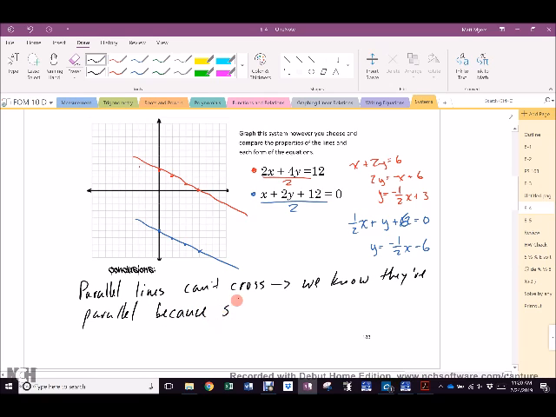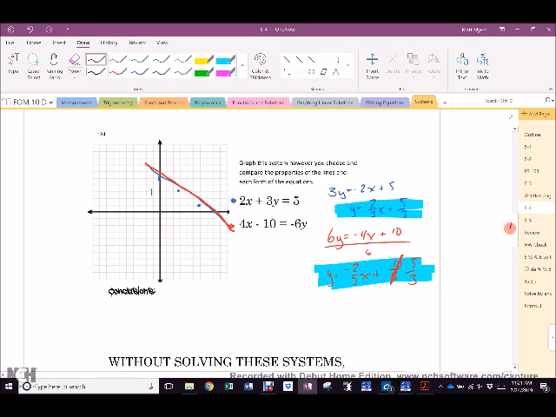Right, because the slopes are equal. Since they can't cross, how many solutions? Right, no solution, because no intersection. Yeah? Yeah.